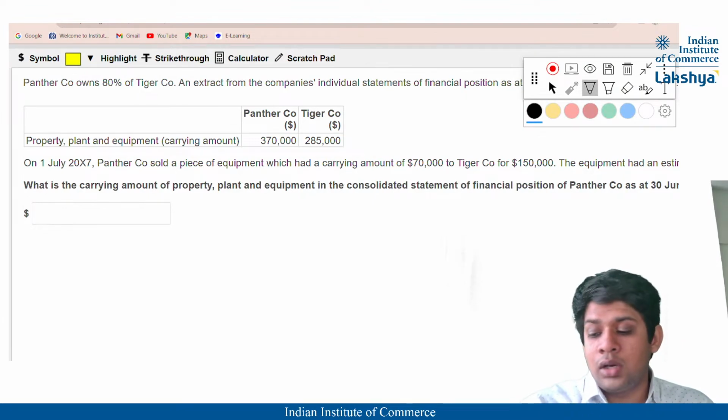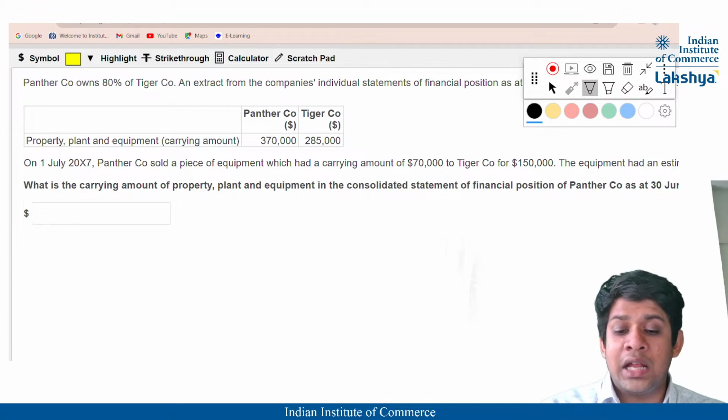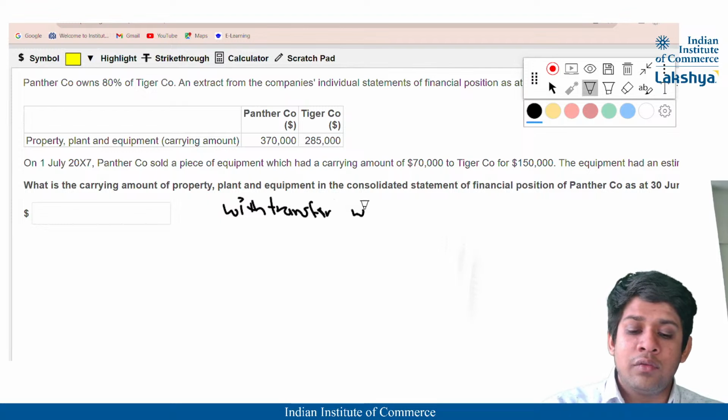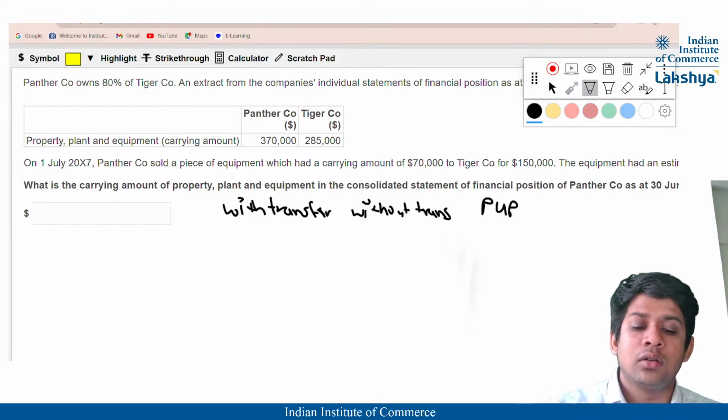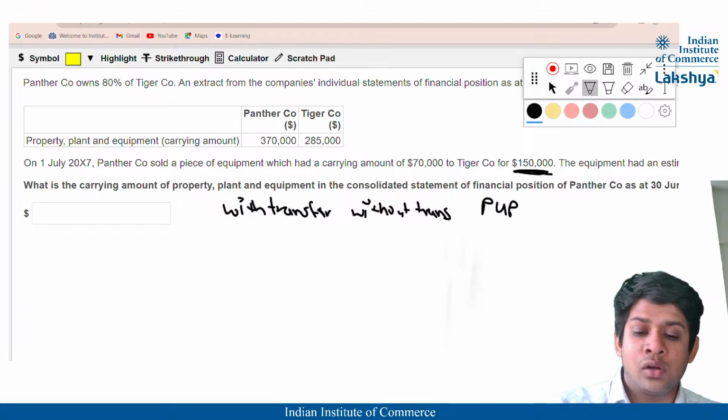Firstly, guys, always remember there is a method, or you can say a way, to simply calculate the sale of a non-current asset and the unrealized profit on it. You just have to take with transfer, without transfer, and the PURP adjustment. With transfer, the asset is sold for $1,50,000.